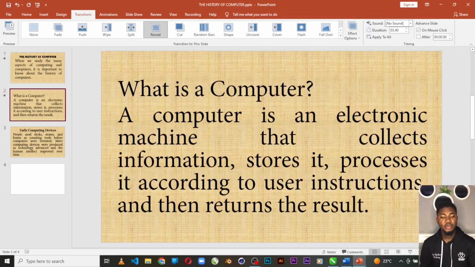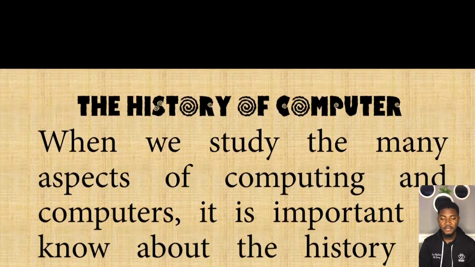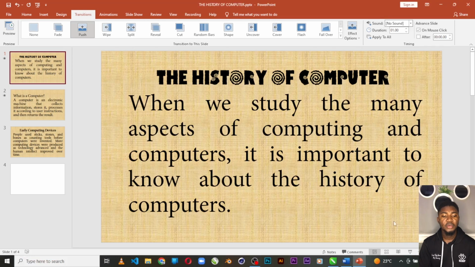Please, I forgot to mention that if you want to exit this slideshow mode, you press the escape button on your keyboard. Once you press escape, it comes back to your document.